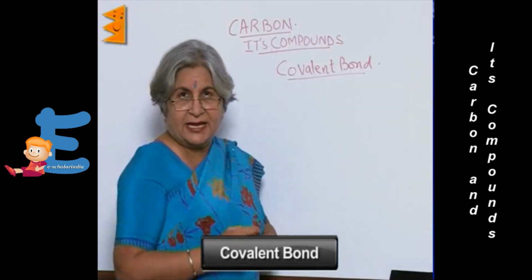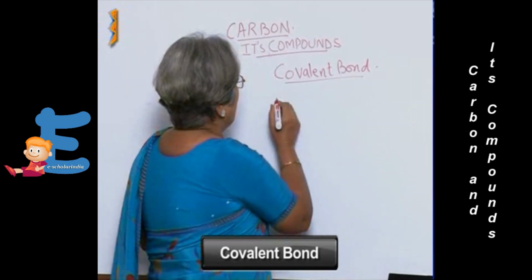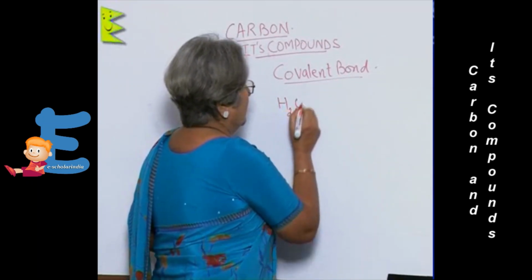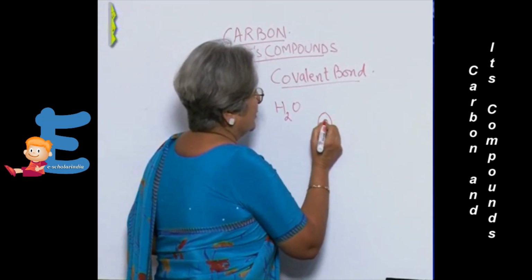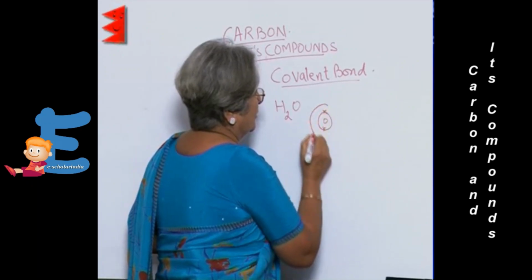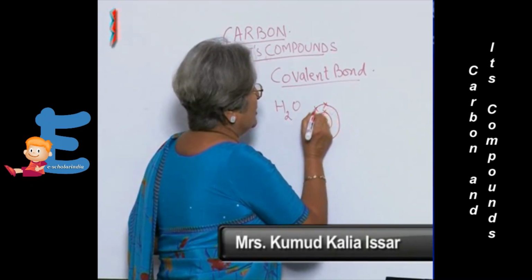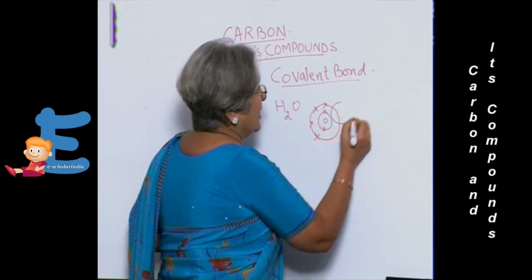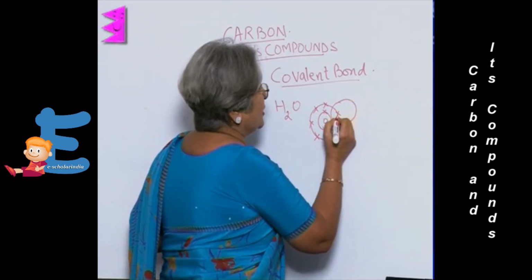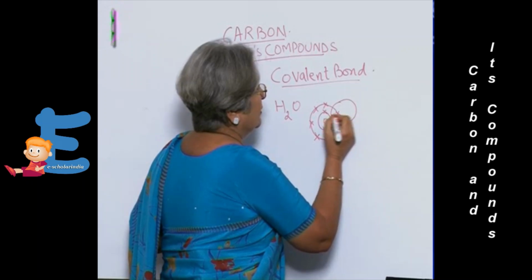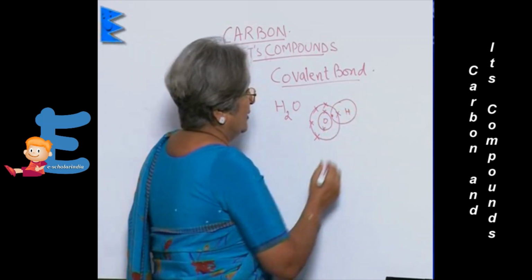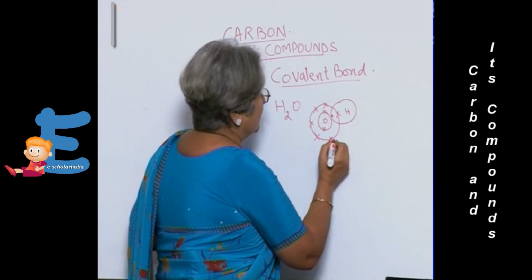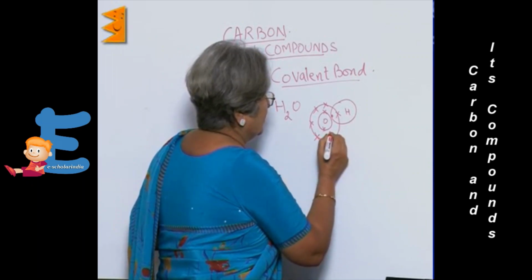Now let us take the case of water. In case of water, there is oxygen having 6 electrons, and then 1 electron is shared with 1 hydrogen, and the second one is shared with the second hydrogen.